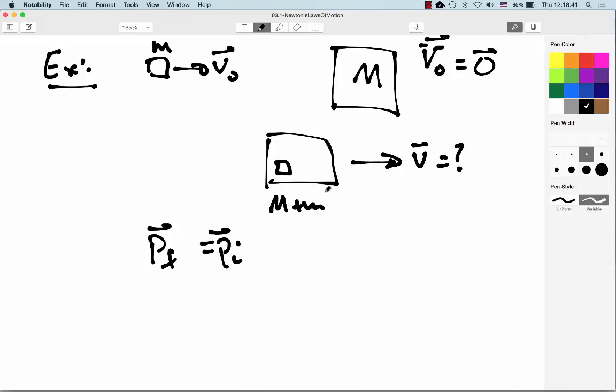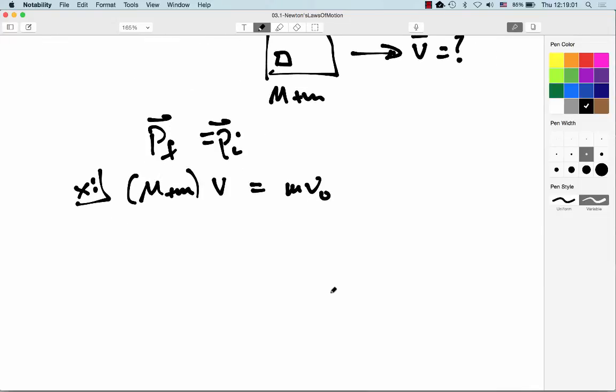Finally, it's going to be the mass of the combined thing, m plus M, times v, and we're just looking in the x direction here. Initially, this guy's at rest, so the only one contributing is the bullet, so that'll be m v naught. So we get that v equals m over (m plus M) times v naught.